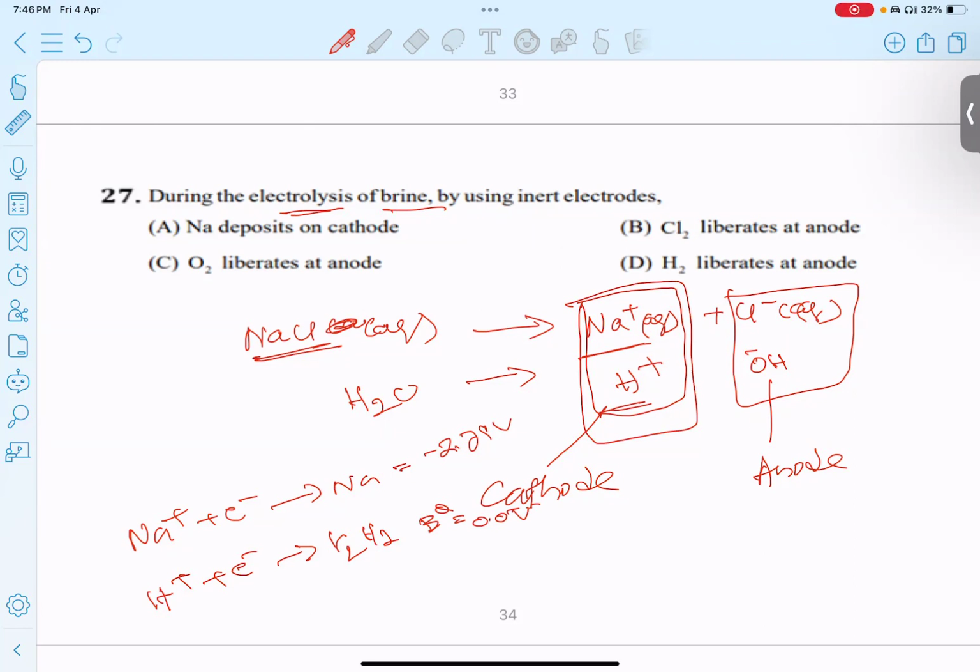Here hydrogen undergoes reduction to form hydrogen gas, since 0.0 is the higher value. So hydrogen liberates at the cathode.